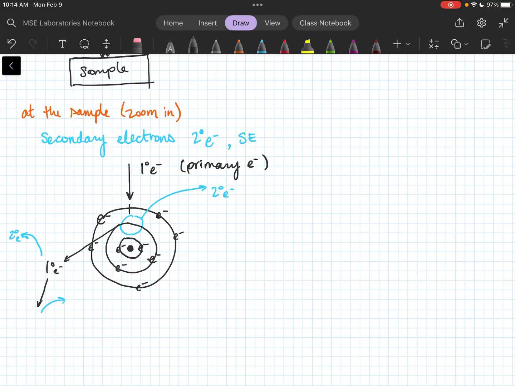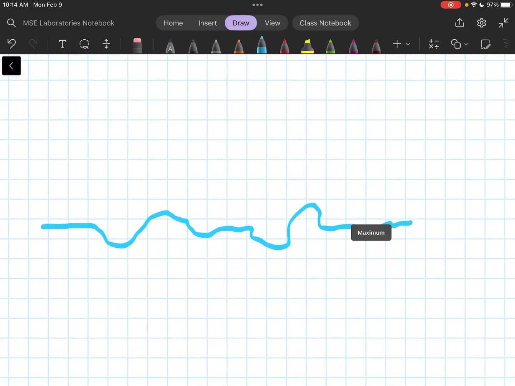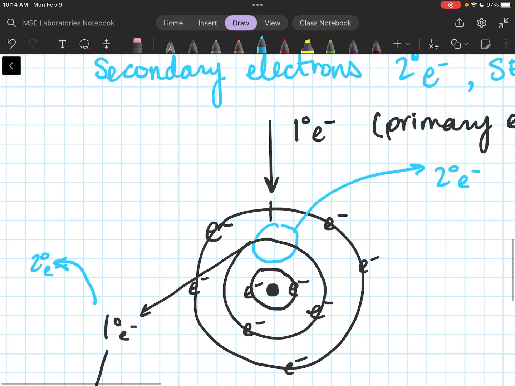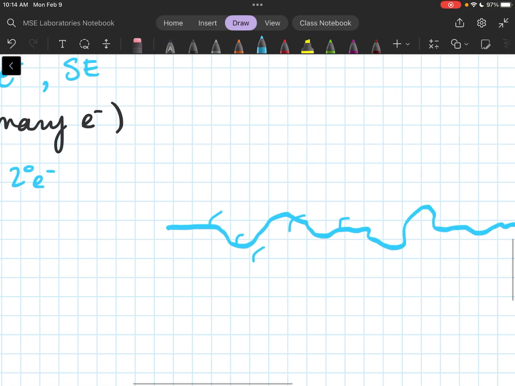This secondary electron is pretty low energy, like we talked about. So if I zoom out to the surface of my sample, let's say I have a sample that's not polished really, and I'm getting these electrons kicking out of the surface. Some are kicking from within the surface, some on the outside and some deeper inside as this primary electron travels deeper into the sample.